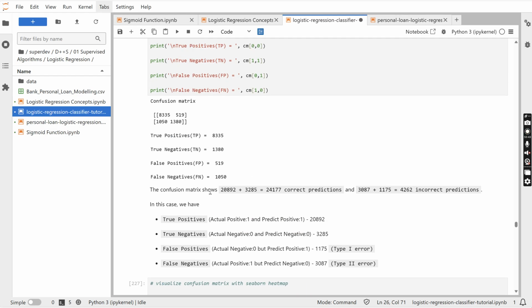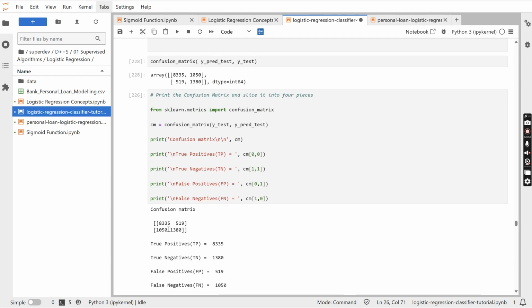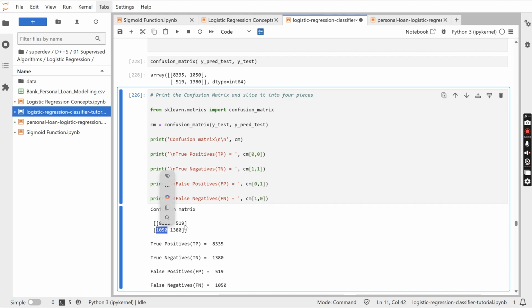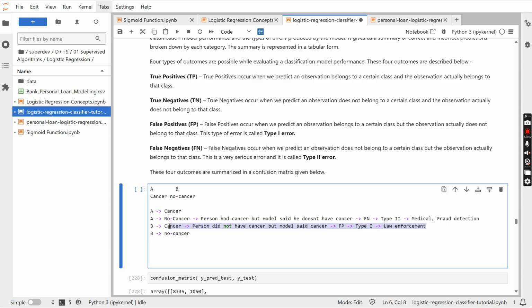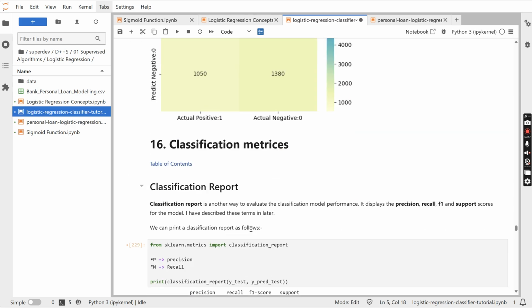If your use case demands that you decrease the false positives and increase the false negatives, for example a law enforcement use case where false positives have to be lower, then you have to decrease the threshold. If you want to improve recall, then you have to increase the threshold.